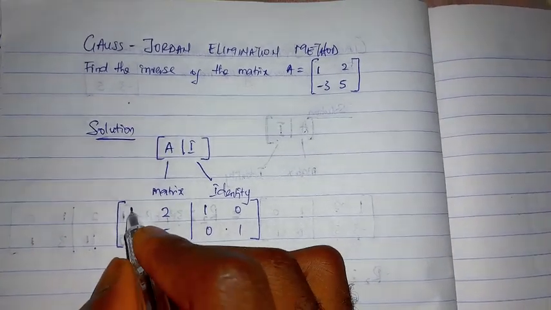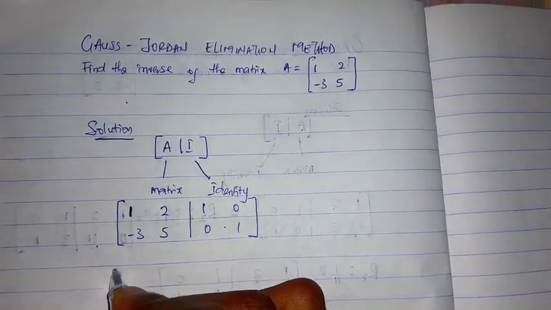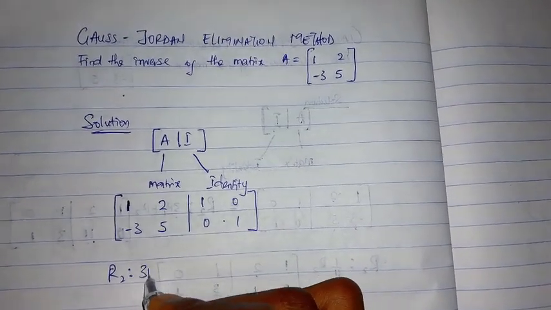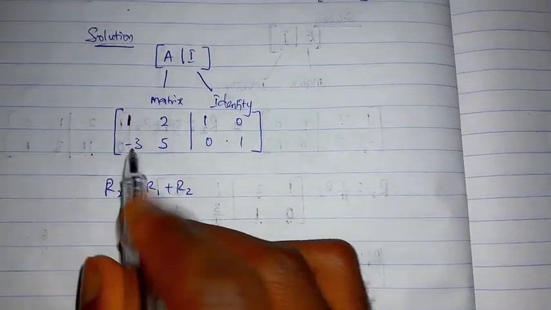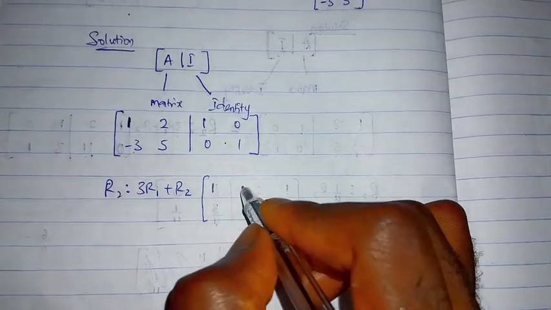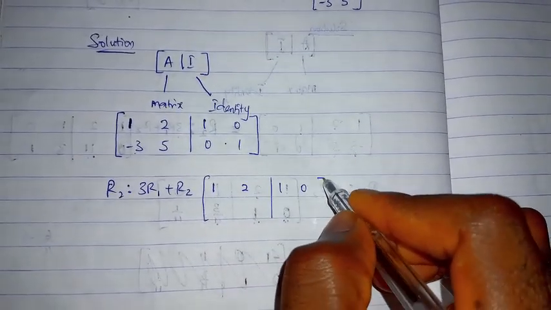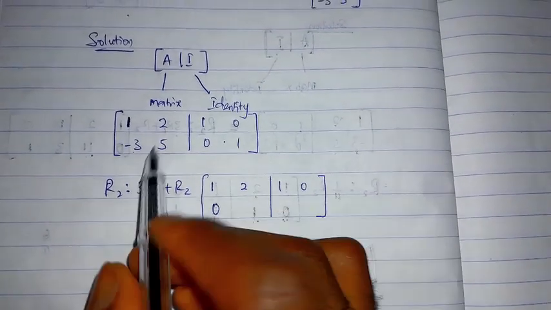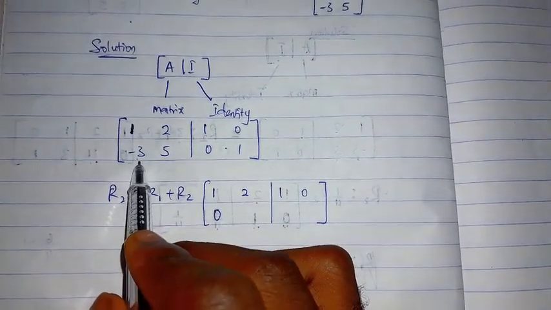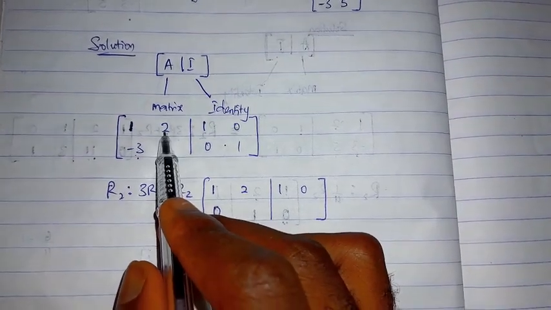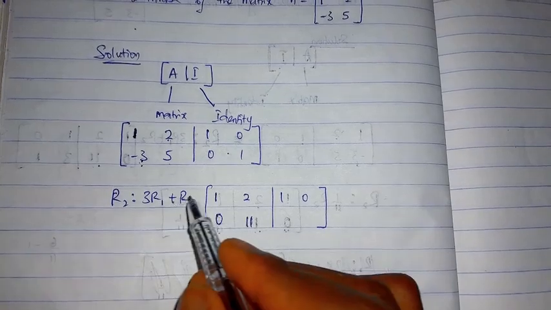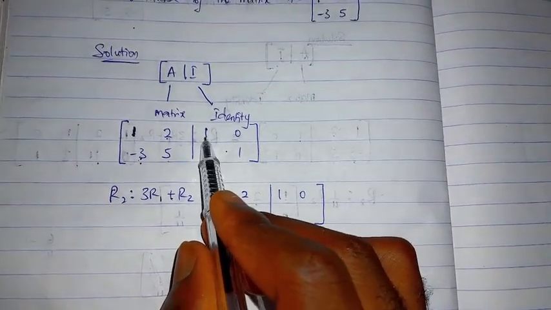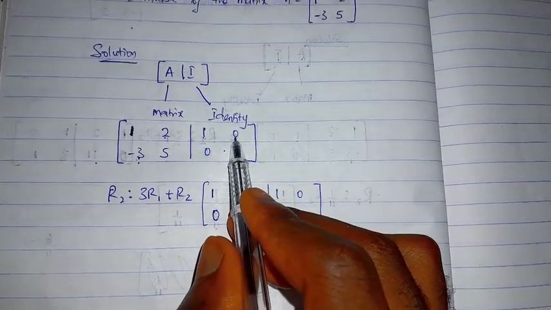To change this minus 3 to 0, since the first entry is already 1, Row 2 becomes 3 Row 1 plus Row 2. 3 times 1 is 3, plus minus 3 gives me 0. The 1 and 2 remain the same. 3 times 2 is 6, plus 5 is 11. On the identity side, 3 times 1 is 3, plus 0 is 3. 3 times 0 is 0, plus 1 is 1.